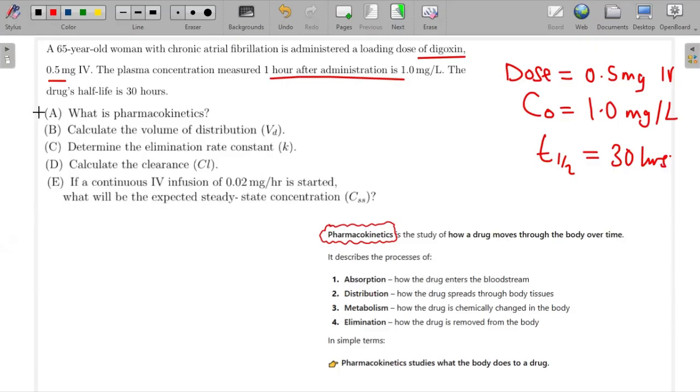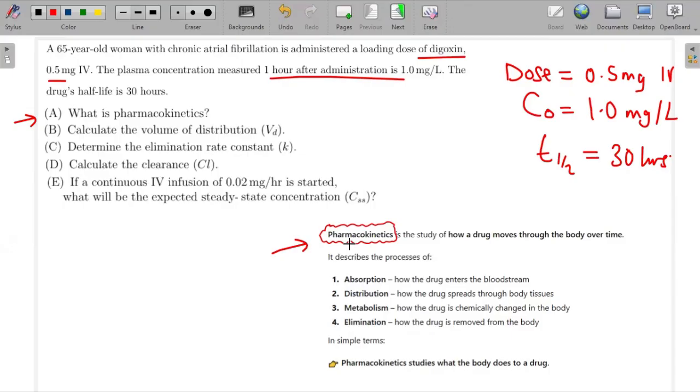And then the first part here was saying, what is pharmacokinetics? So we are asked to define what pharmacokinetics is. I've written down the definition here so that you're also able to see. So pharmacokinetics is simply the study of how a drug moves through the body, from the time it is administered to the time when the drug starts to be eliminated.